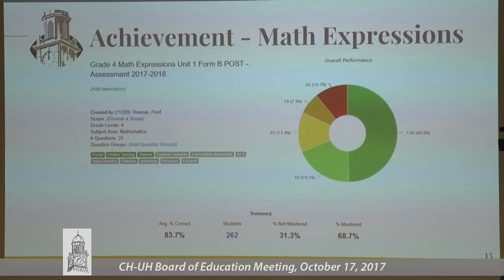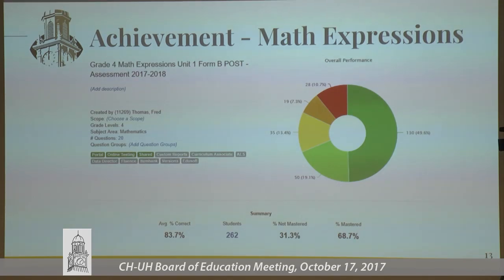I think the yellow is proficient, the orange is, I want to say, either basic or below proficient, and then maybe basic level. I can print the more detailed report that has it on there. I just don't happen to remember offhand. But it's mastered versus not mastered, and then within those there are different gradients.